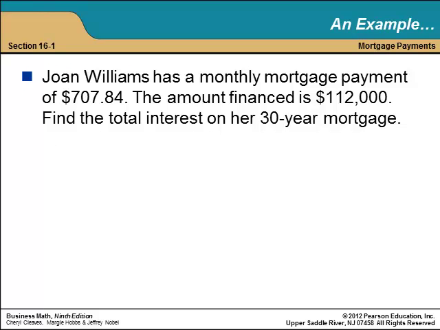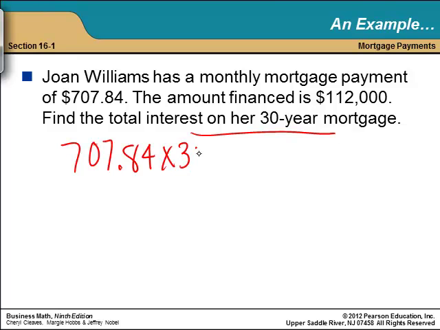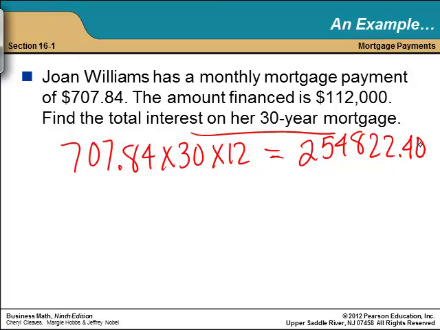So Joan has a monthly mortgage payment of $707.84. The amount financed is $112,500 and the total interest on her 30-year mortgage: $707.84 times 30 times 12. She paid a total of $254,822.40.